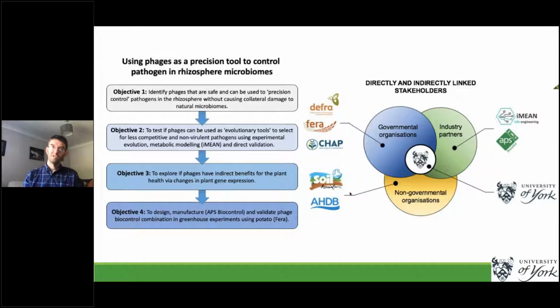If this phage can be used as a biocontrol, obviously there are a lot of issues surrounding the manufacture, making sure that this is a safe thing to use. So they're looking not only at the specific nuts and bolts of the interaction, but also much further downstream at manufacture and validation of this as a potential biocontrol.